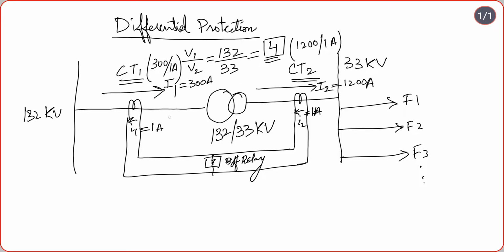The current in these CTs is at its threshold, 300 and 1200, and on the secondary side 1 ampere is flowing.